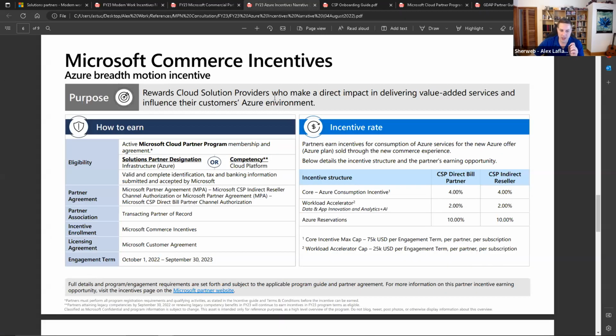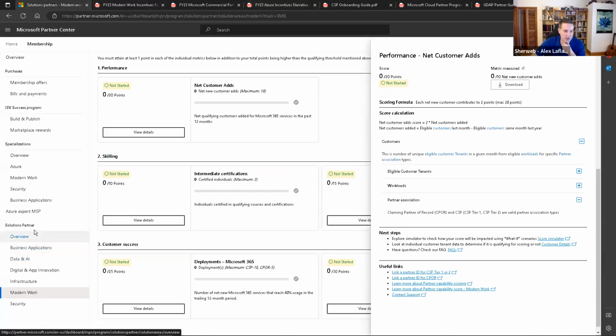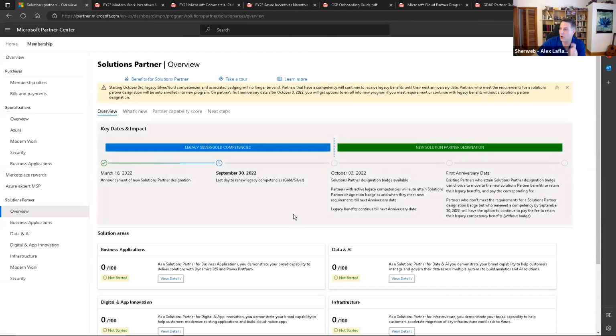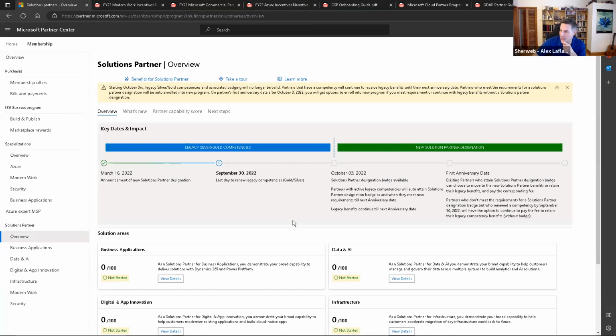And to Nick's point, in the old program, it was cloud platform that you needed to have to receive the cashbacks on the Azure consumption. Now with the new program, it's the infrastructure solution designation. There are 3 solutions designations related to Azure: data and AI, digital and app innovation, and infrastructure, but only infrastructure will pay you incentives starting in October.